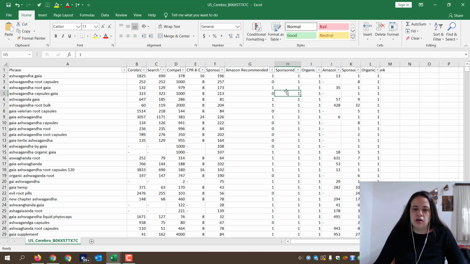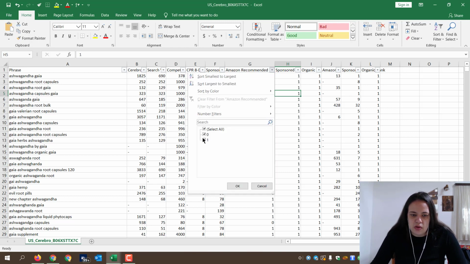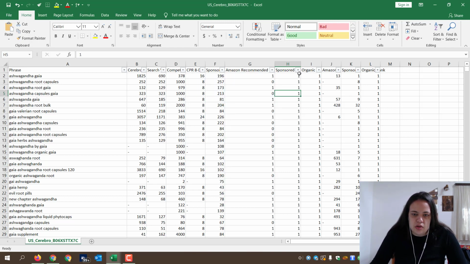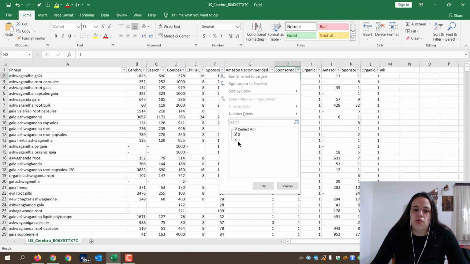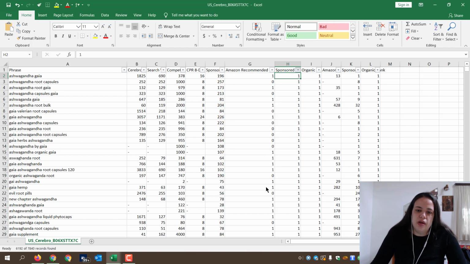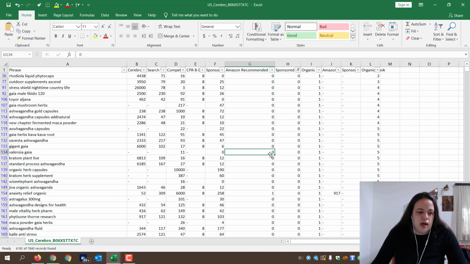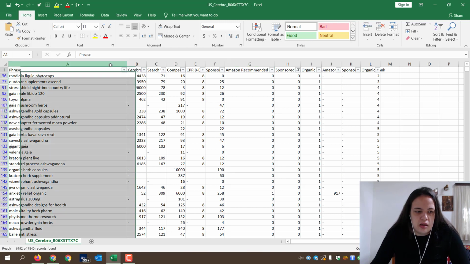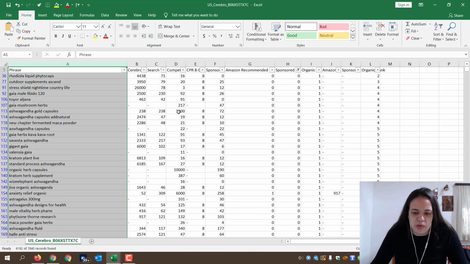If it's a 1, then it is. So what we want to do is filter out the sponsored results, which means the ones that your competitor is paying for. This list was about 7,000 keywords, and now that we excluded the ones they are paying for, we are left with 6,000 keywords.